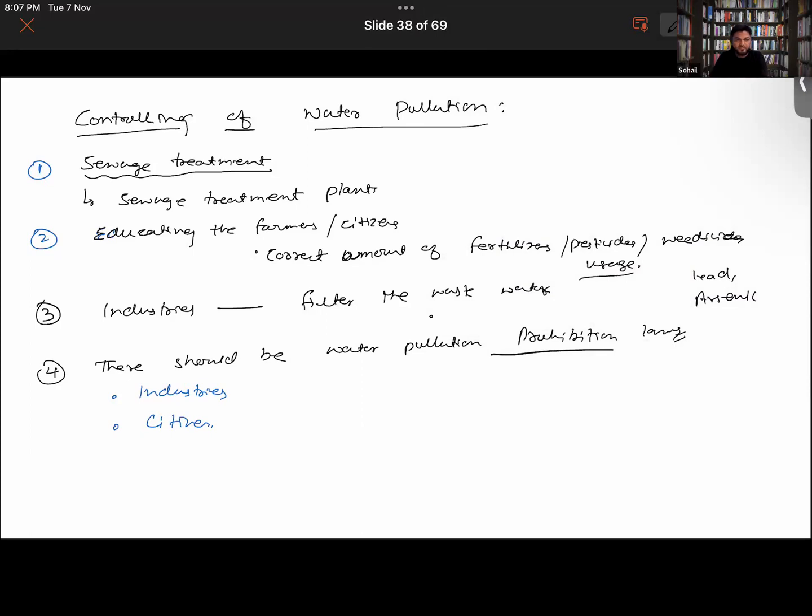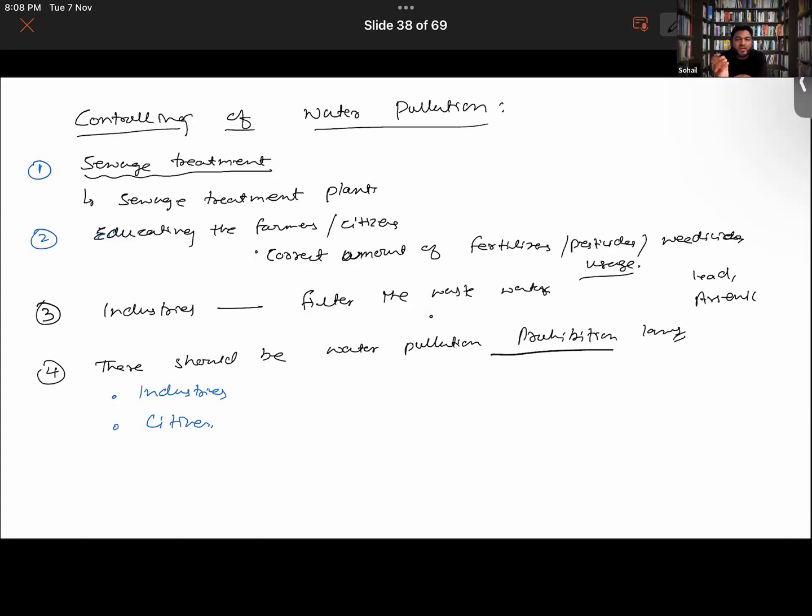Now, the garbage that is coming from our houses, we should make sure that we separate it into biodegradable and non-biodegradable waste, right? The waste that is biodegradable, like vegetable peels, should be dumped into the biodegradable dustbin.